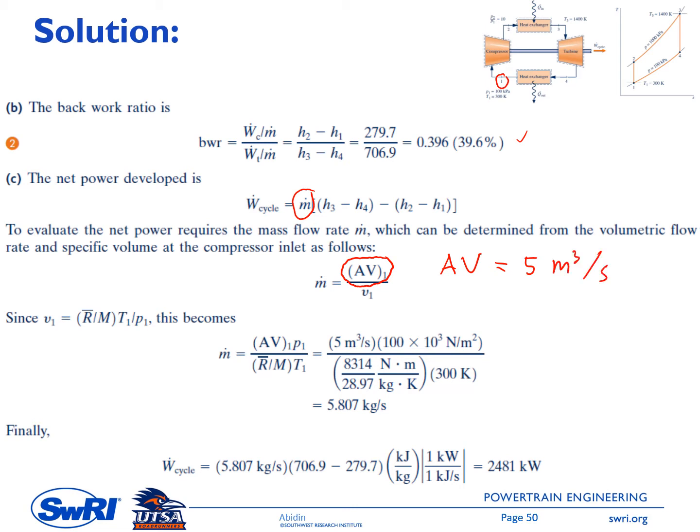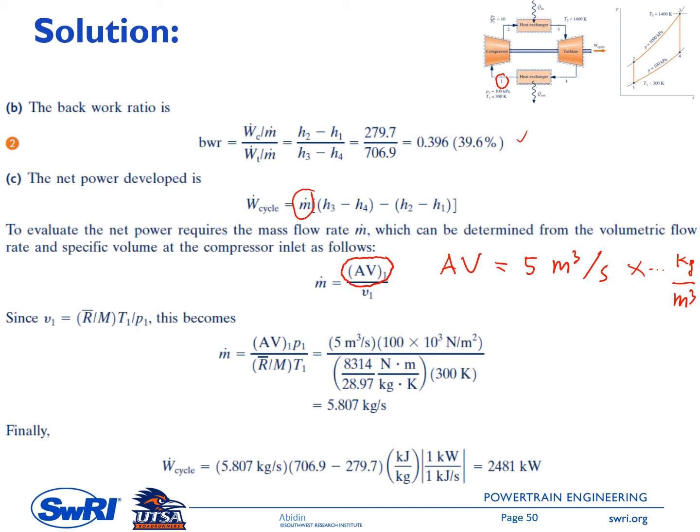To get the mass flow rate, which is in kilogram per second, you need to multiply this by the density, or divide it by the specific volume. If multiplied by the density, it is multiplied by kilogram per cubic meter, or you divide it by the specific volume, which has the unit of cubic meter per kilogram.